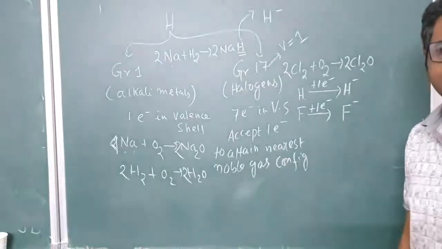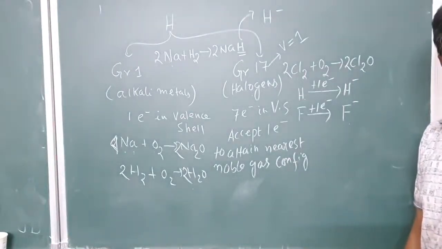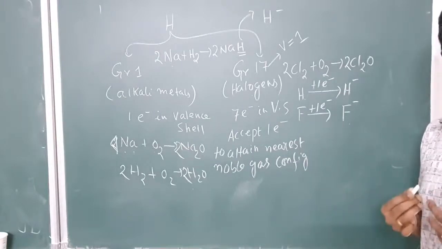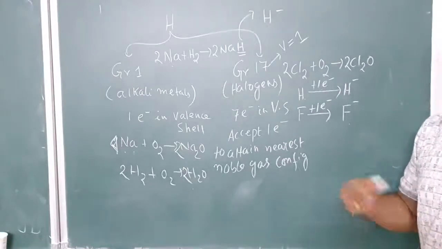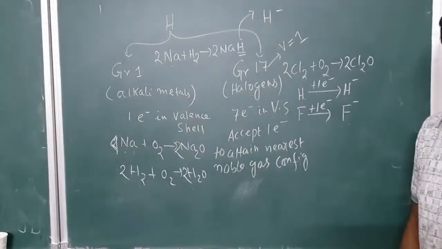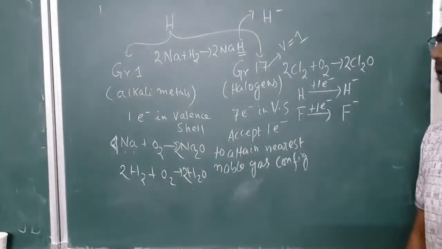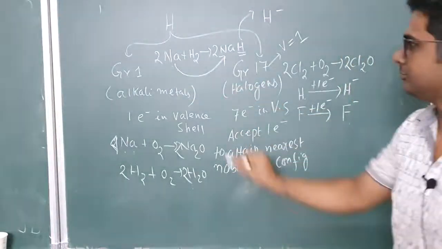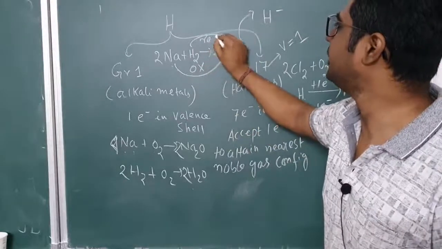So sodium has lost electron. Whatever bad thing sodium had, it has lost it. So was it good or bad for sodium? Good. So sodium got oxidized. Hydrogen got reduced.